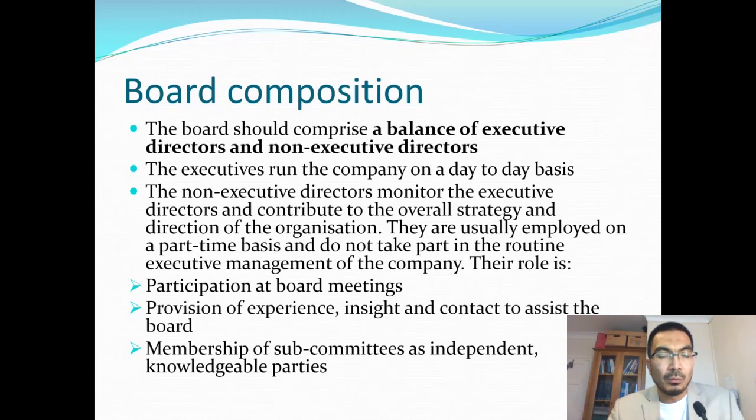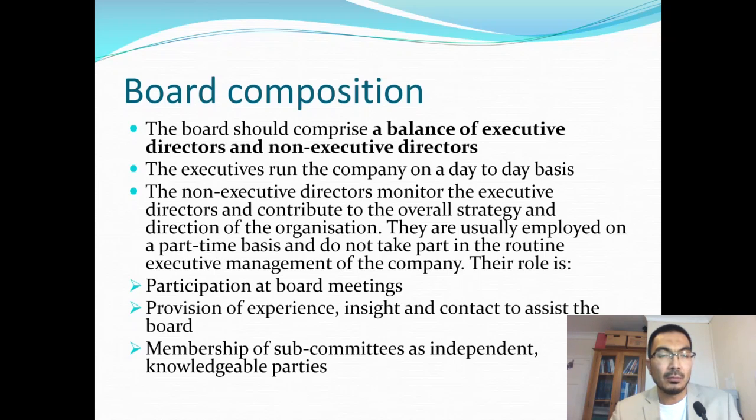The board, as we mentioned, should comprise a balance of executive directors and non-executive directors. Executive directors run the company on a daily basis, whereas the non-executive directors monitor the executive directors and contribute to the overall strategy and direction of the organization.